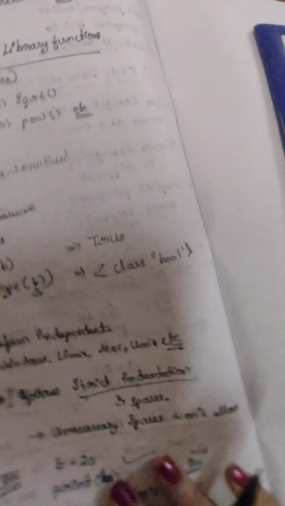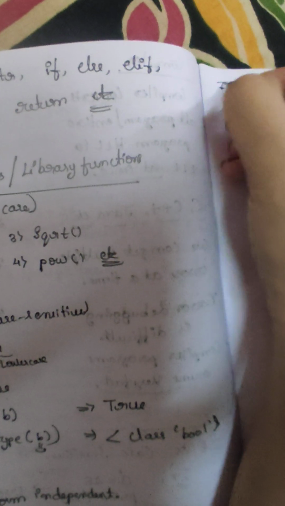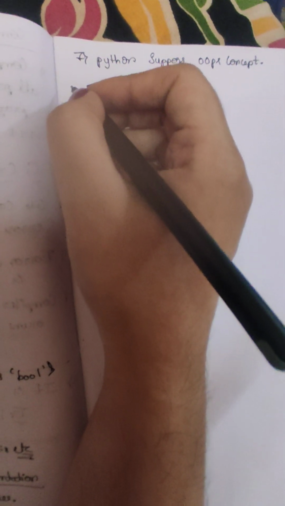Then what is the next feature of Python? The seventh point: Python supports the OOPS concept. OOPS concept means object oriented programming. Python is not like C, a procedural oriented programming language.